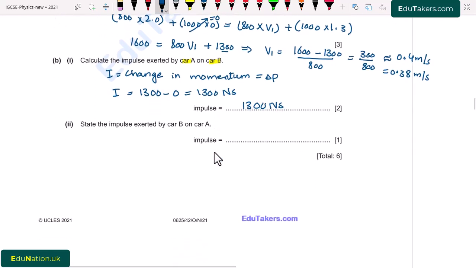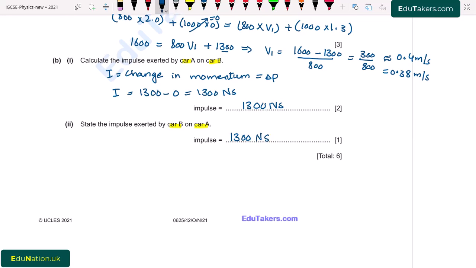Part 2. State the impulse exerted by car B on car A. We know that the impulse exerted by car A on car B is equal to the impulse exerted by car B on car A. So the impulse that is equal to 1300 is also the impulse exerted by car B on car A. So impulse of both of these are equal. I write here impulse is equal to 1300 Newton second.